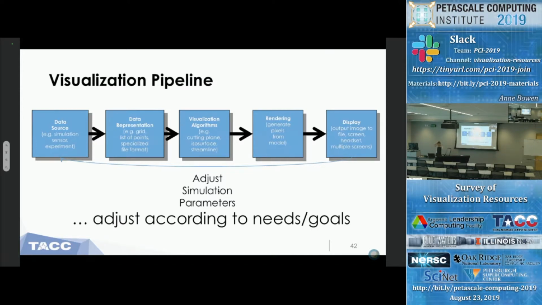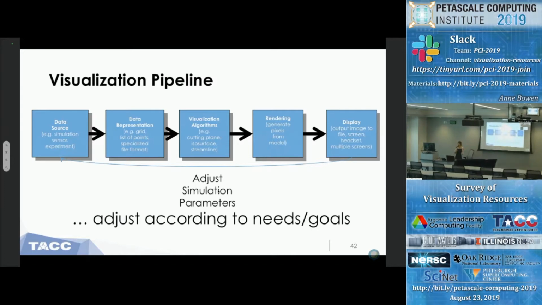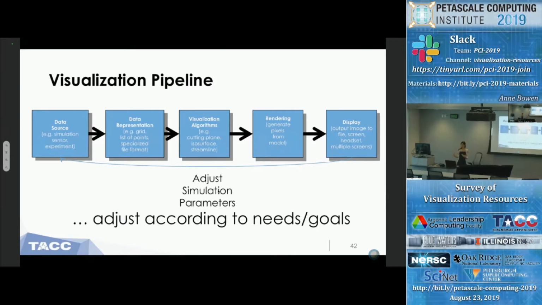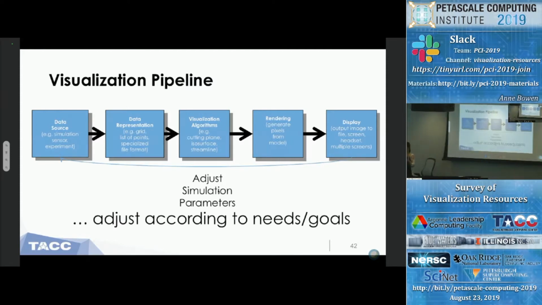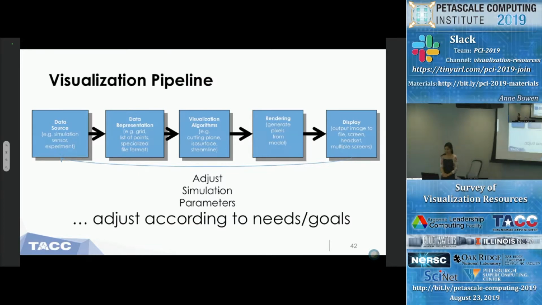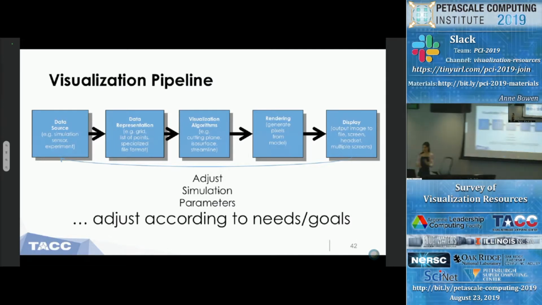And our goal, the thing that we're working towards, is having it be so that you could perform some kind of computational steering or in situ viz, where this is all happening in real time. And so you're running your simulation, and then you're looking at the results and able to change the parameters based on what you see right away. That doesn't happen very often for large data sets, but that's kind of the idea.